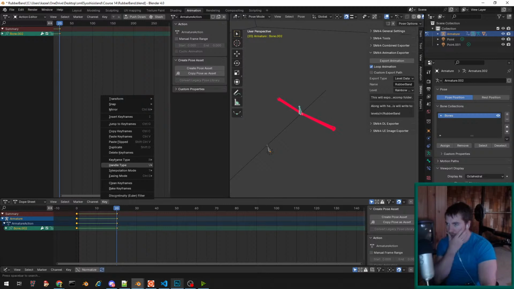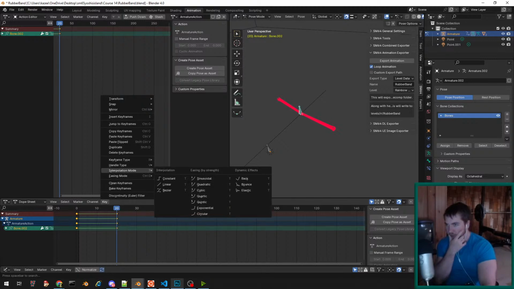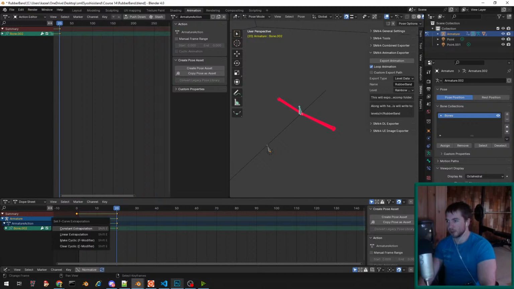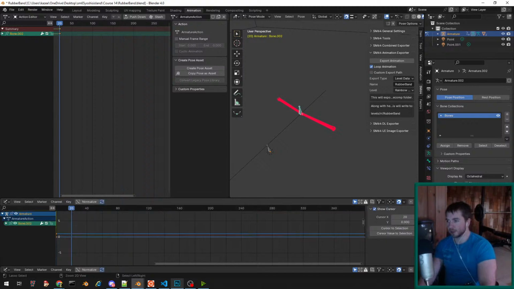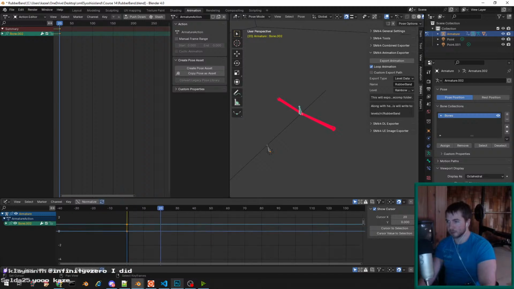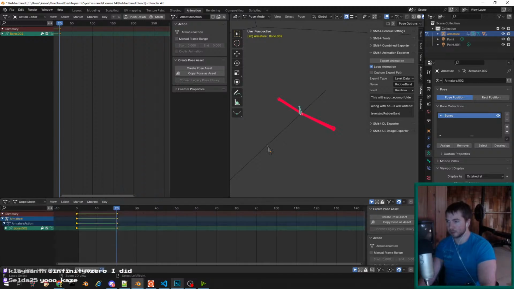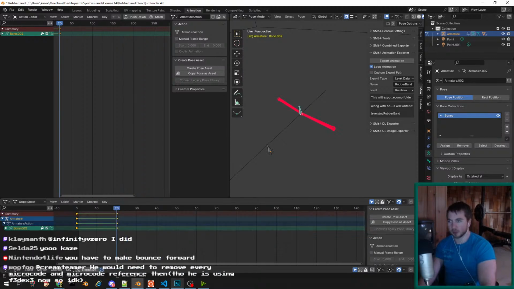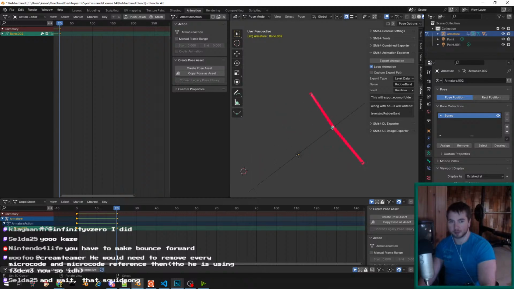Anyone know if in Blender you can change this somehow? Isn't there a way to look at curves? You have to make bounce forward. What does that mean?